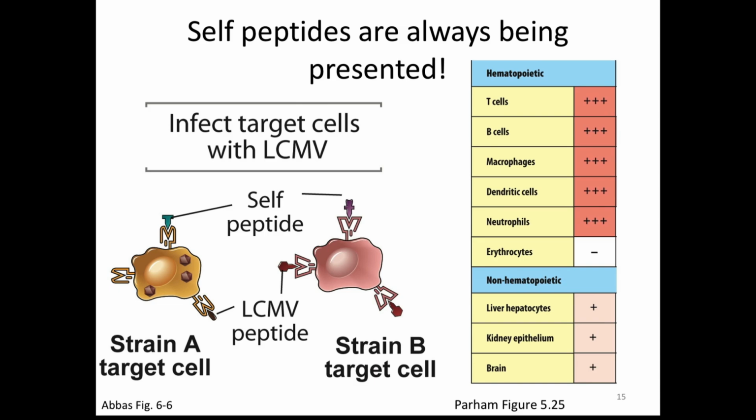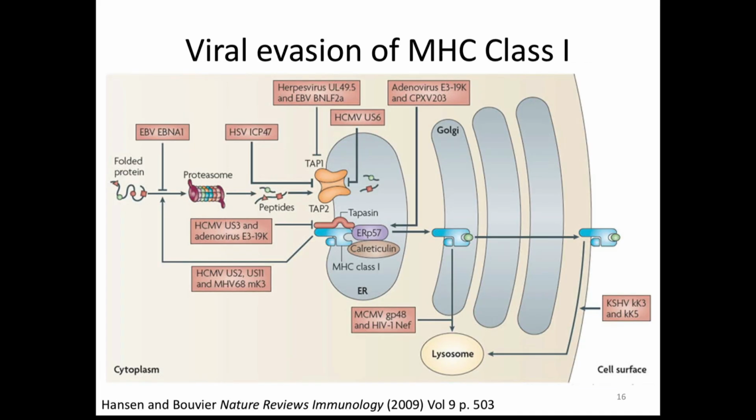We talked about certain viruses that prevent cells from presenting. Yeah, lots of viruses try to hide from the immune system, and so they actually try to stop the cells they infect from presenting on class 1. So oftentimes, if a cell is not presenting on class 1, that cell is infected with a virus that's trying to hide. And so it seems like a good idea to kill that cell.